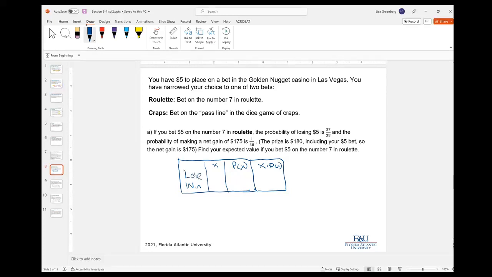Okay, so if you bet $5 on the number 7 in roulette, the probability of losing $5 is 37 out of 38. So if we lose, our probability is 37 out of 38, and we would lose $5, right?